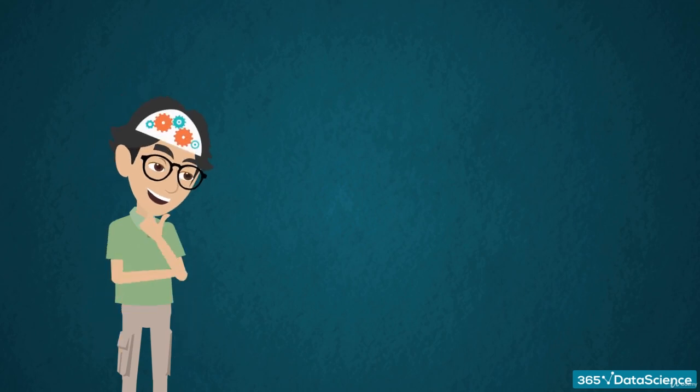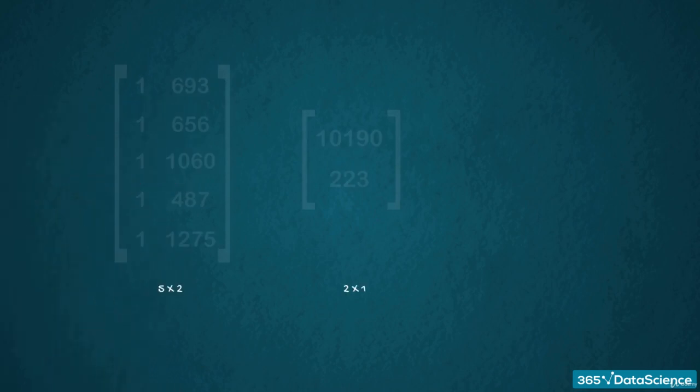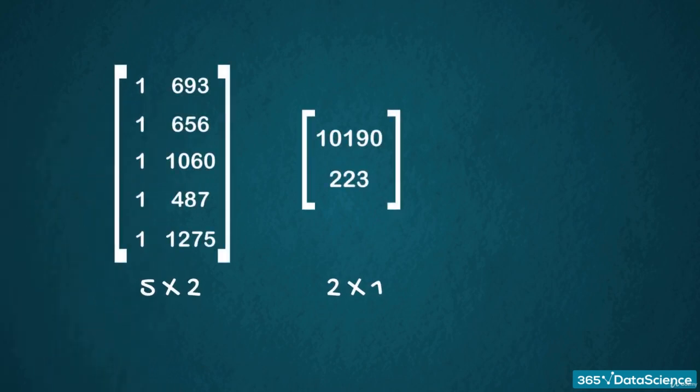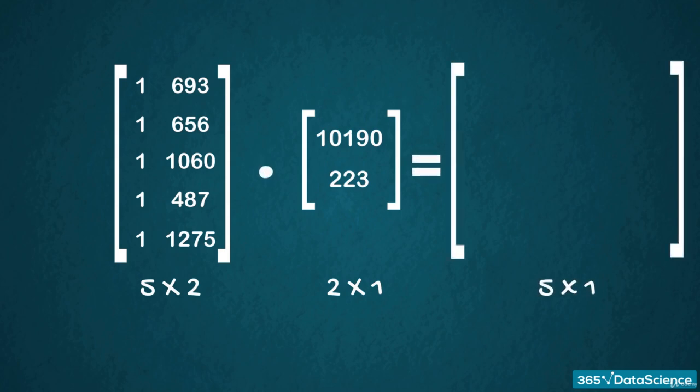We know some linear algebra already. Let's explore these two objects: a 5 by 2 matrix and a vector of length 2. The matrix contains a column of ones and another with the sizes of the houses. The vector contains 10,190 and 223, the numbers from the equation. If we go about multiplying them, we will get a vector of length 5.